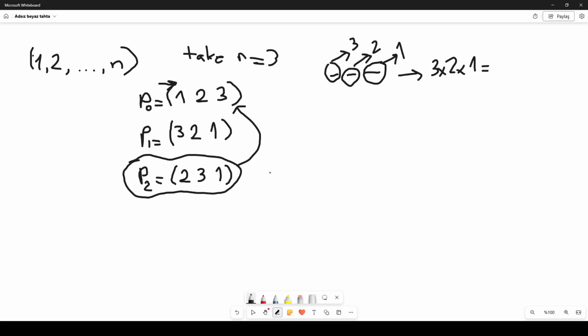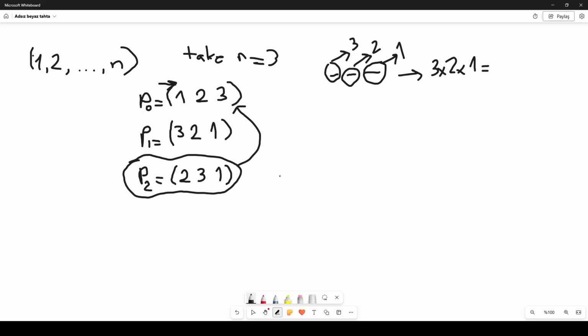P0 is the permutation which has a natural ordering, that means the usual order 1, 2, 3. This is the base case for a permutation. And if we rearrange these elements in some other arbitrary order, then we have another rearrangement, which is called another permutation. Alright, let's get back to our point.